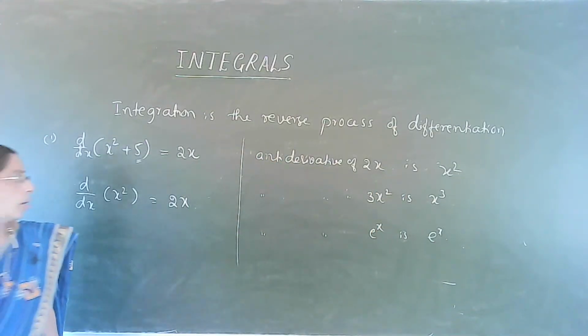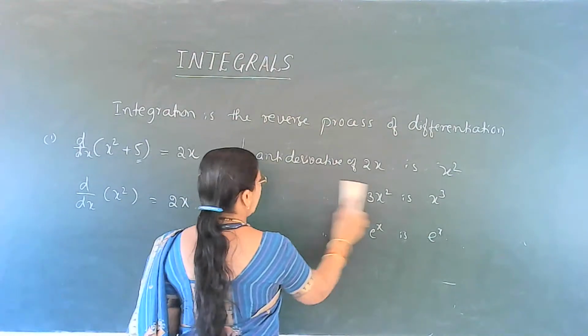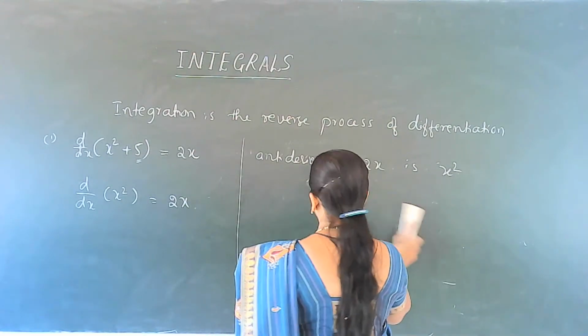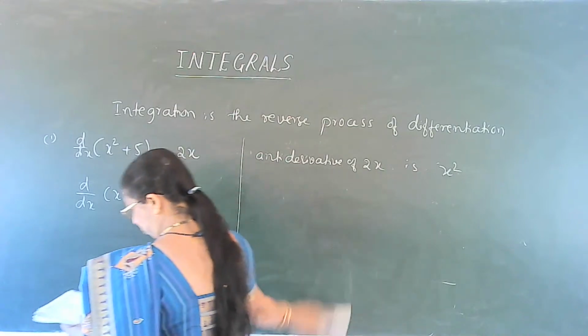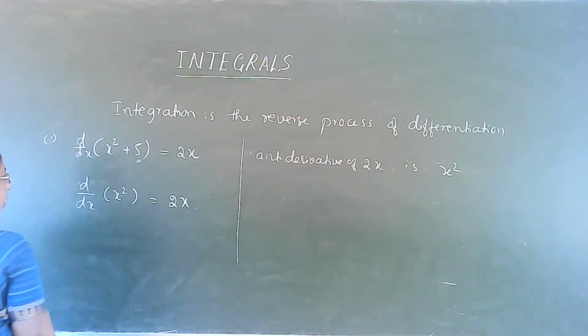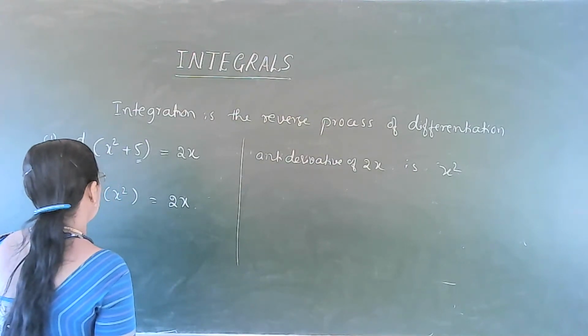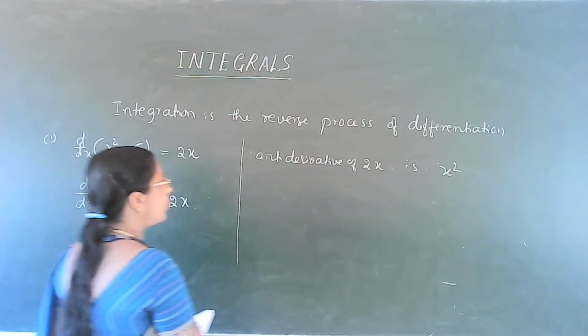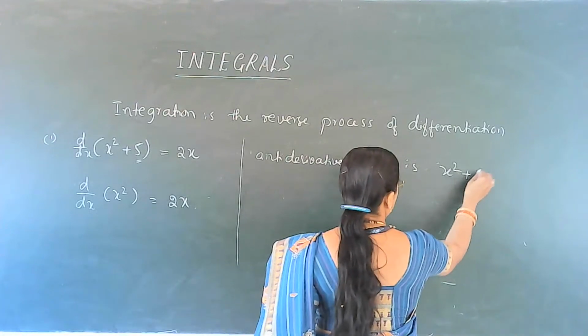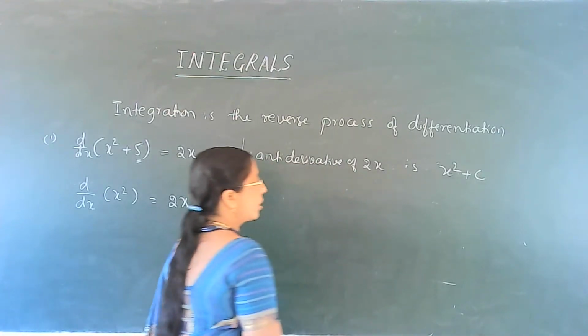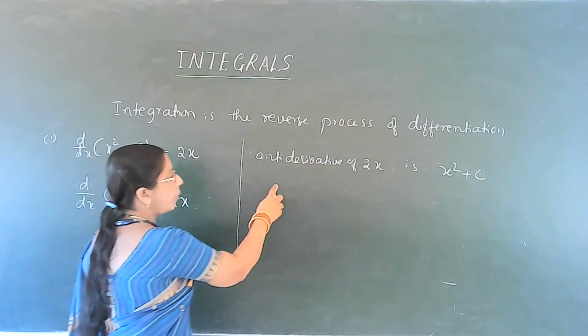The constant is not there. Therefore, we have to write this arbitrary constant. We should write x square plus c.